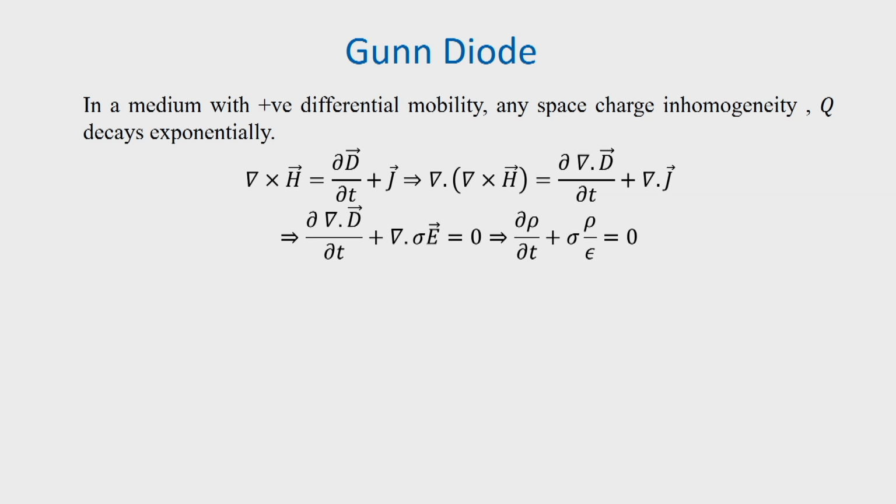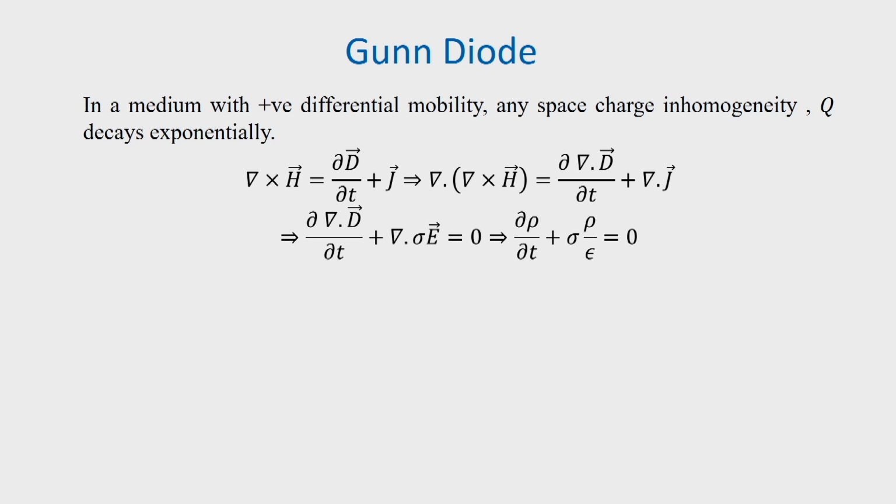Now, divergence of curl of H equal to 0, and therefore, we can write del t of divergence of D plus, in place of J, we can write sigma E. So, del t of divergence of D plus divergence of sigma E equal to 0, and therefore, in place of divergence of D, we can write rho, the charge density.